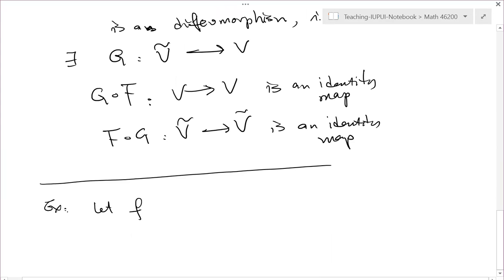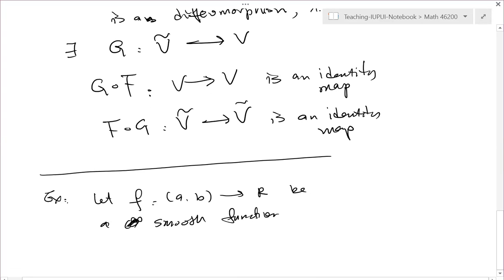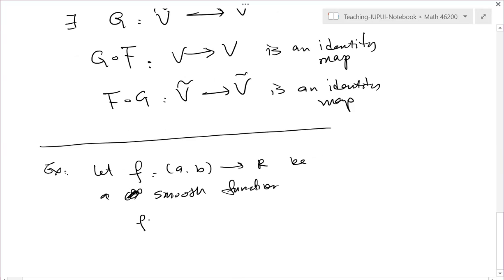Let f from an open set to R be a C infinity, a smooth function, okay? And we also assume that the derivative at c is not zero, so it's invertible. Just in this case, one single function, at some c inside this interval.